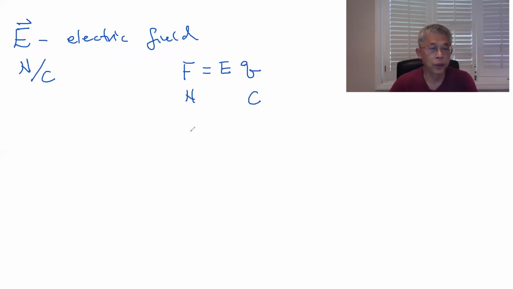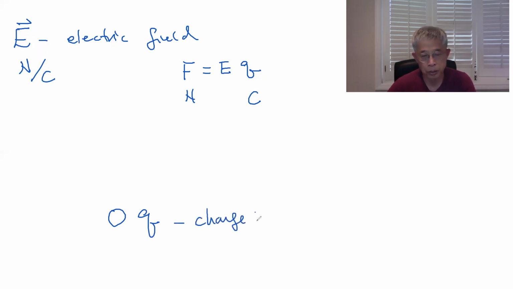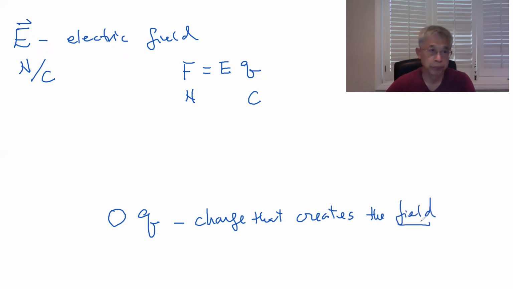So if you have a charge Q, then the space surrounding this Q is the charge that creates, or forms, an electric field.